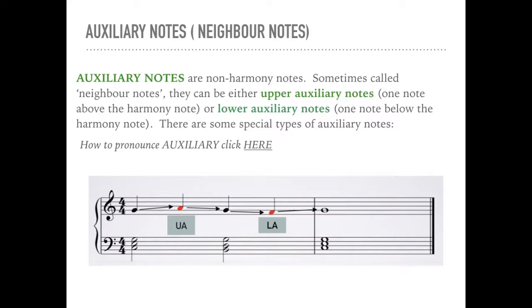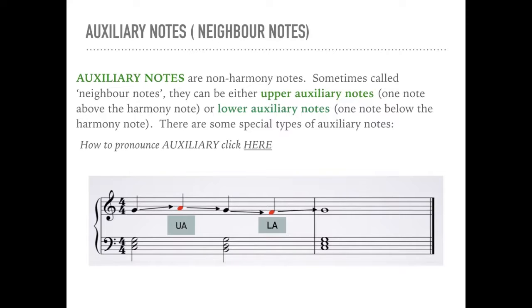When in your melody you have the same harmony note repeated, in between them you can add one note. You can add one note going up, you can add one note going down. So listen. Or the same twice up. So this is an upper auxiliary note, this is a lower auxiliary note.